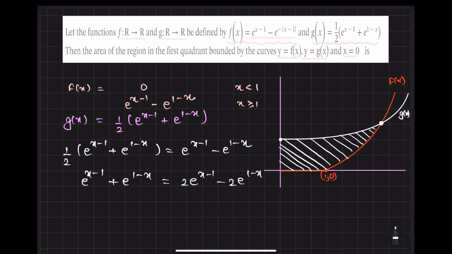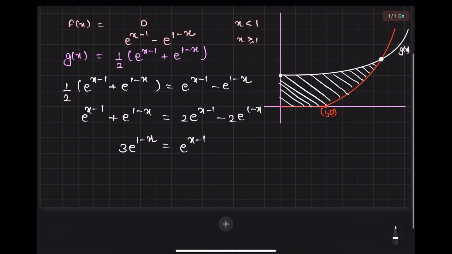Okay, so we will be left with what? E power x minus 1, and this thing this side, it will become 3 times e power 1 minus x. Correct? Now to find out x, we will send this part this side, meaning I will be writing 3 by e power x minus 1. So can I write e power x minus 1 squared, and then we have 3.